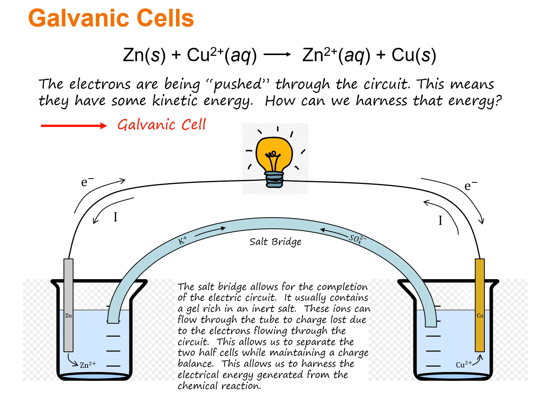And again, it's just serving to replace charge that's lost or to neutralize accumulated charge in a particular area. And because we've separated these reactions, we're able now to harness the electrical energy from these electrons moving through the circuit.